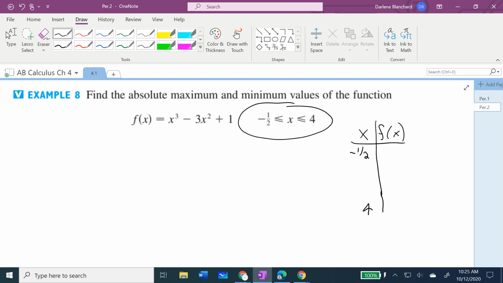Know that I do enjoy putting on tests critical numbers or problems where there's a critical number outside the interval, and if you check it, you're going to get a wrong answer. You're only looking at critical numbers between the endpoints. So let's take that derivative. We need to find the critical numbers.